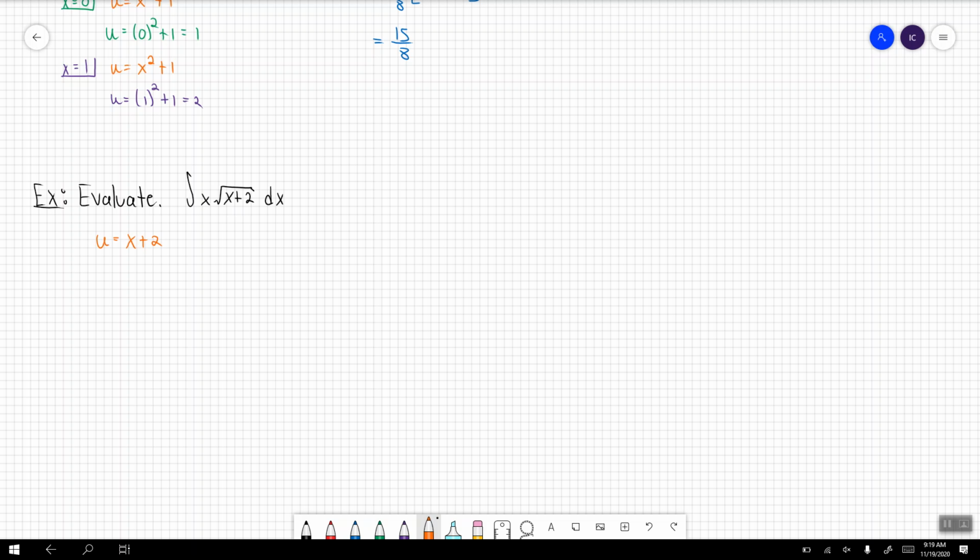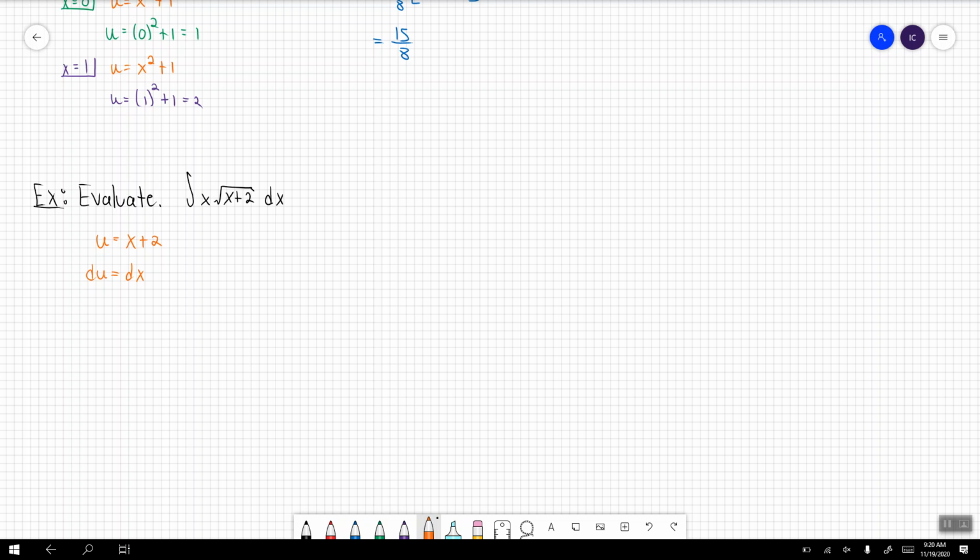And so when I look at du, this is just going to give me dx. So again, we're at an issue here: we see u is equal to x plus 2, and we see du is equal to dx. However, we have x dx that we need to account for.